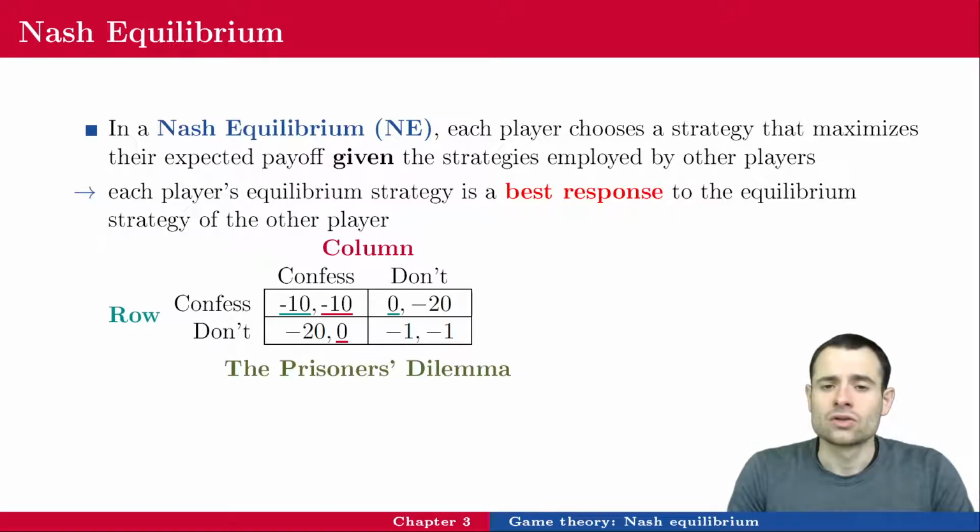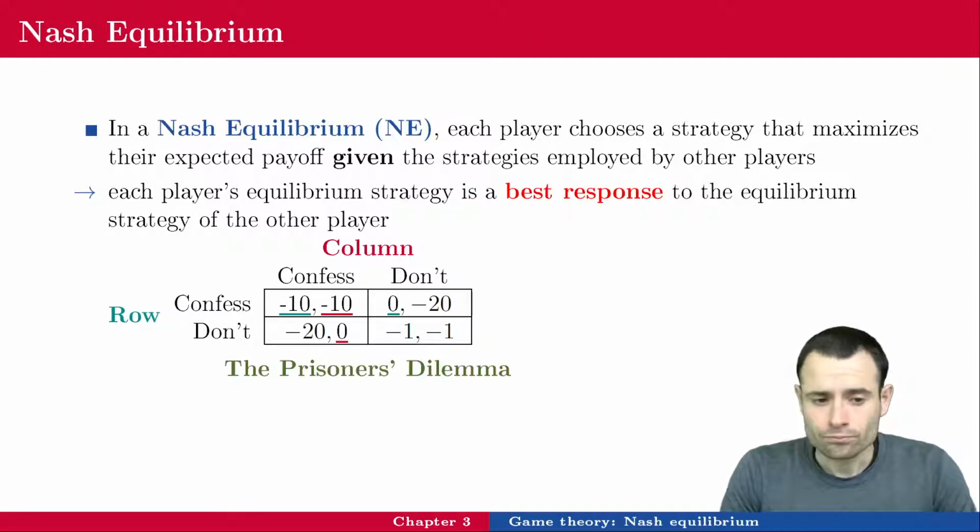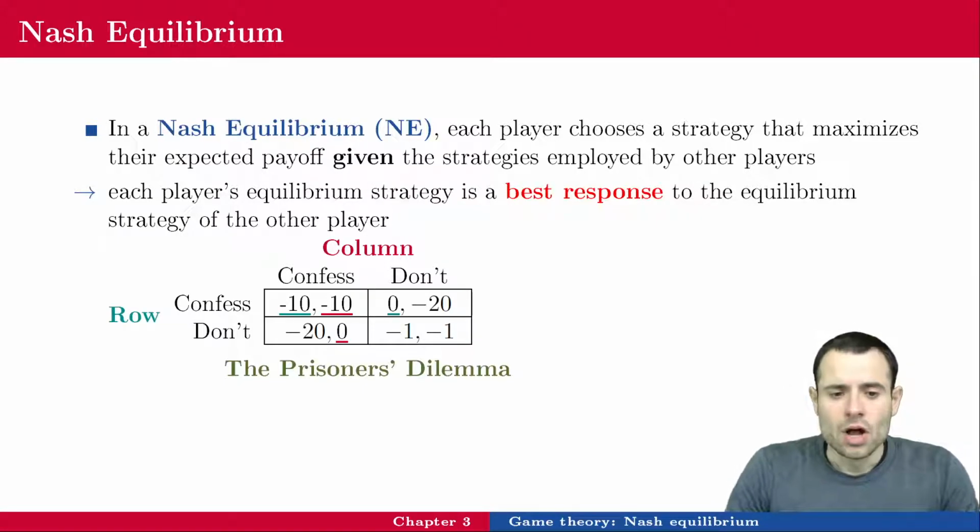Let's go back to the prisoner's dilemma. Here, confess is a best response to confess. So row playing confess is the best response when column plays confess. And column playing confess is the best response to row playing confess as well.